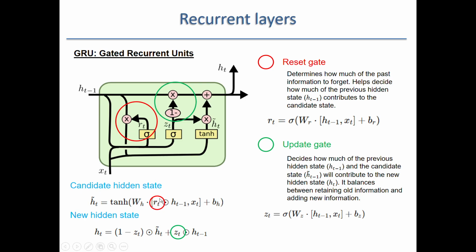So this R is a reset gate. You are learning something to reset. Given this input and this state, you will reset something, and this reset is forgetting your previous state at the specific locations.